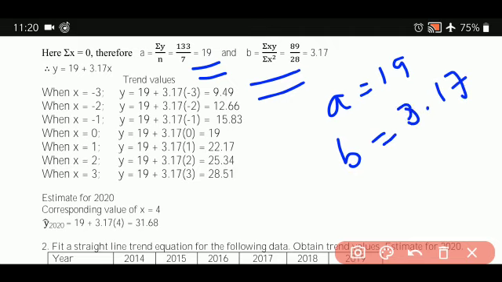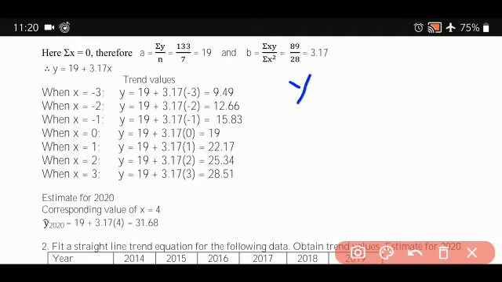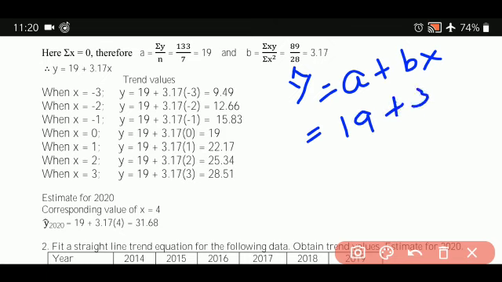Okay, then what is the equation? Our straight line equation is what? Y cap, when we have to find the trend values, y cap is equal to a plus bx. Let us substitute these values, that is 19 plus 3.17x. This is our straight line equation.